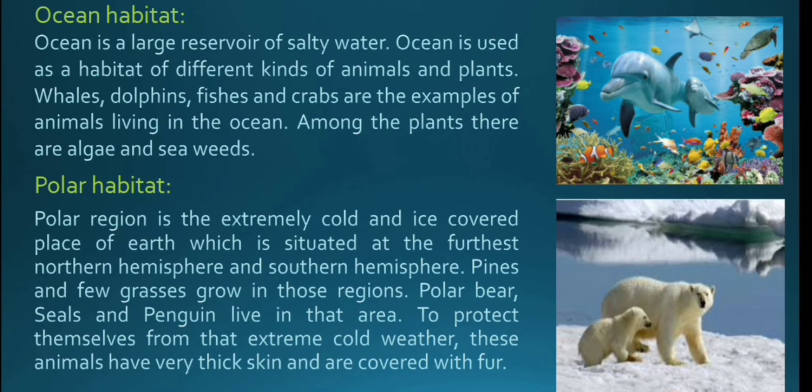Polar region is the extremely cold and ice-covered place of Earth which is situated at the farthest northern hemisphere and southern hemisphere. So here is a new word, hemisphere. Hemisphere means a half of the earth, usually as divided into northern and southern halves by the equator.